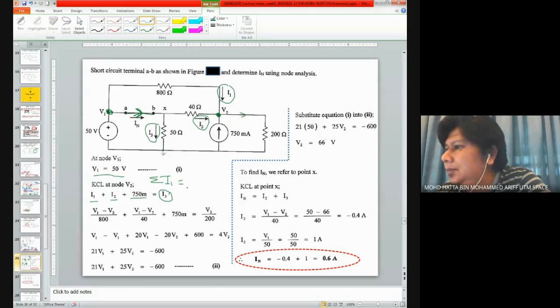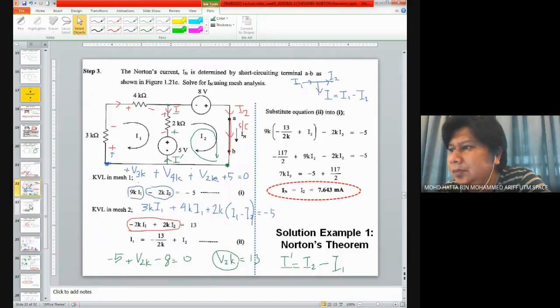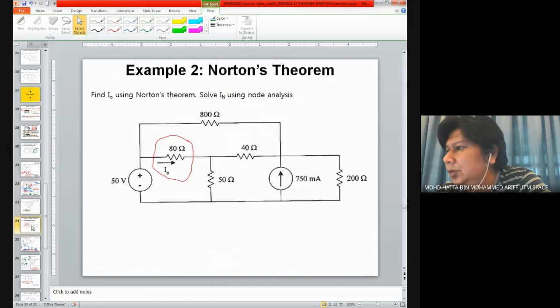Wait, I think there's a slight mistake in this solution, because if we see the definition over here, the original question.